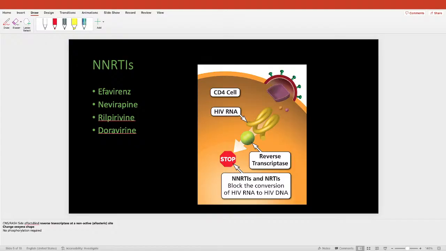You could see here efavirenz, nevirapine, rilpivirine, and then doravirine. You can see here the difference in side effects too, specifically with the NNRTIs, like CNS and rash as side effects.